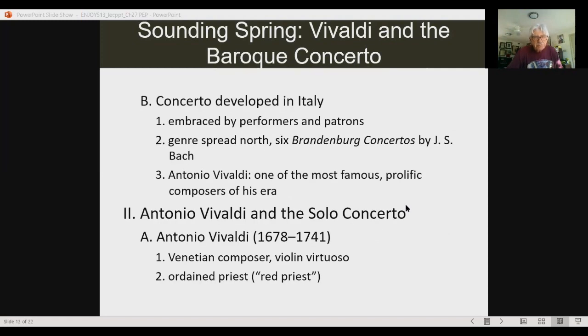So the concerto developed in Italy, so I guess they can claim that they use the word concerto, an Italian word. Here we reference those 6 Brandenburg concertos I mentioned to you. And Vivaldi is the concerto king from Venice. Where is Venice? Well, let's take a look. Okay, let's see here.